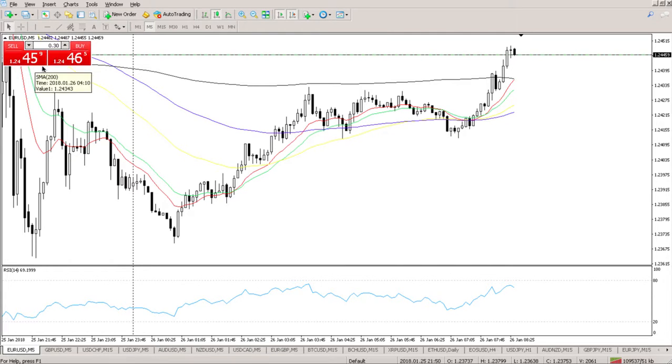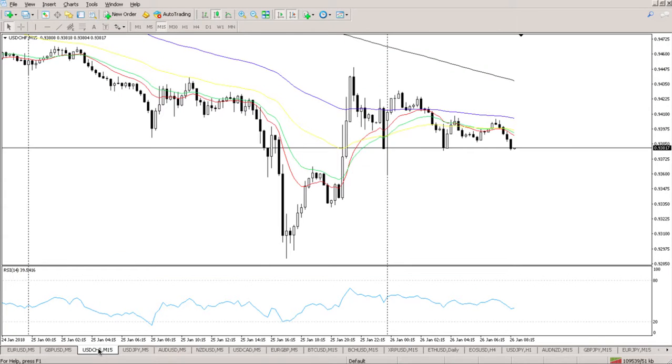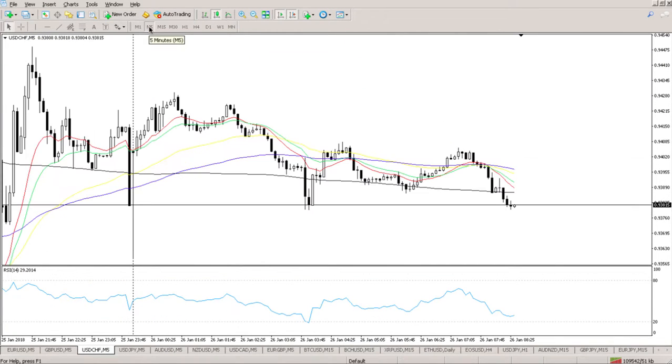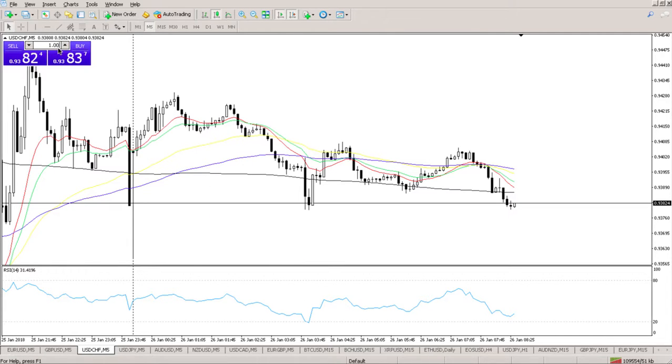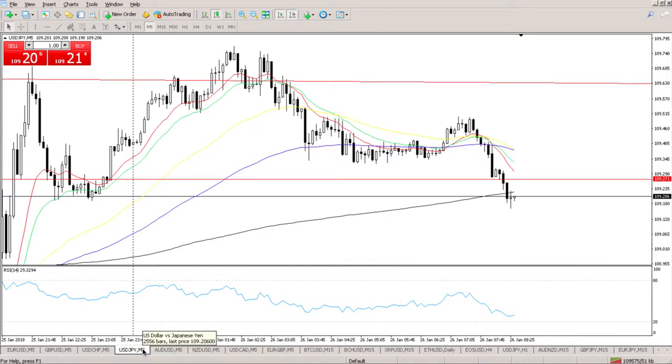So we'll take a sell position in EUR USD. Let's take the 5 minute chart. We are going to take a few trades, so that is the reason we'll use 0.3 lot trades, not single trades.